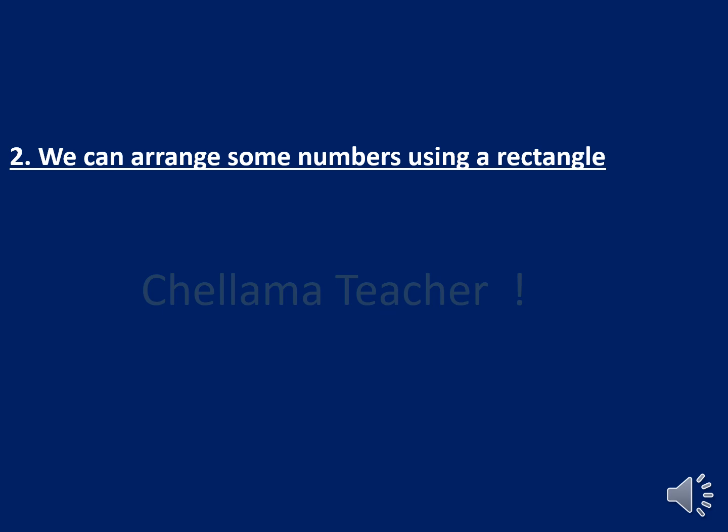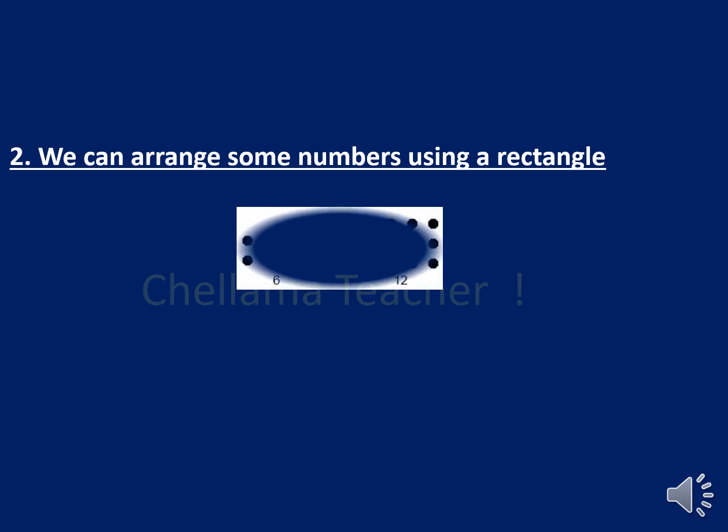Secondly, we can arrange some numbers using a rectangle shape. For example, here 6 dots are arranged in 2 rows and 3 columns, that is 2 by 3. It's looking like a rectangle.